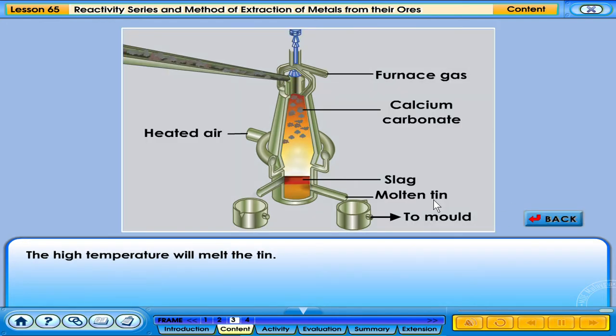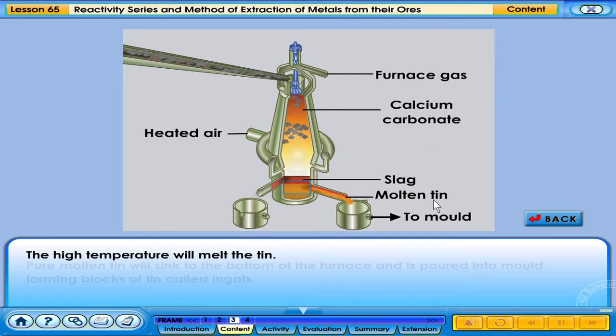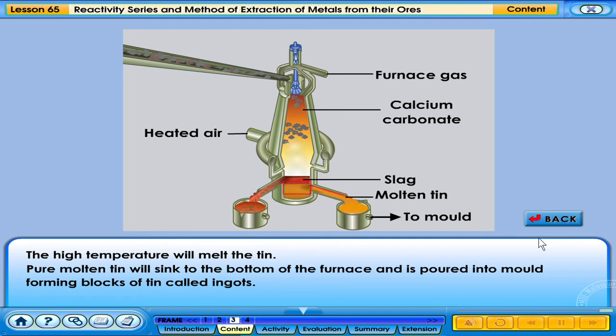The high temperature will melt the tin. Pure molten tin will sink to the bottom of the furnace and is poured into molds, forming blocks of tin called ingots.